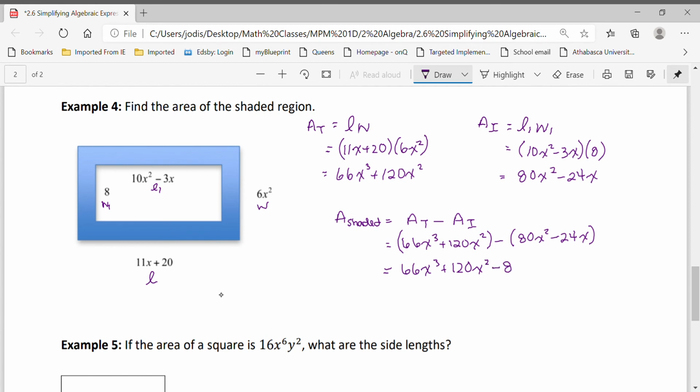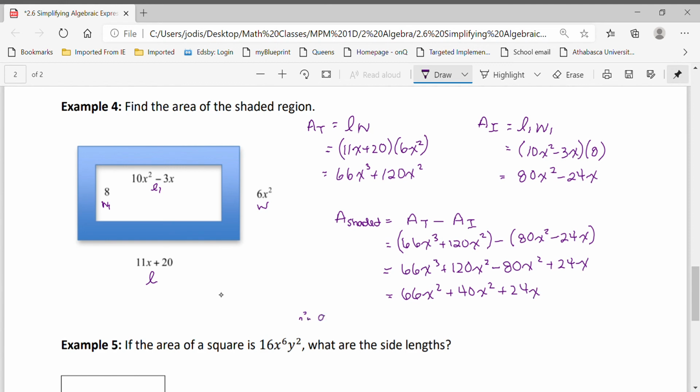Distribute my -1 into this one. My like terms are actually already collected, which is nice because we have cubed and then squareds and then just x's. So then we can just simplify here. So 40x squared plus 24x.